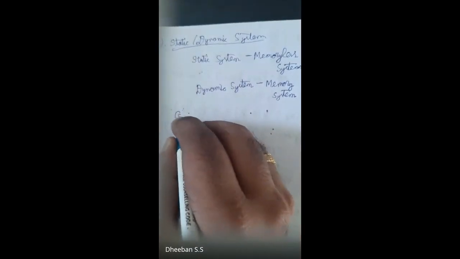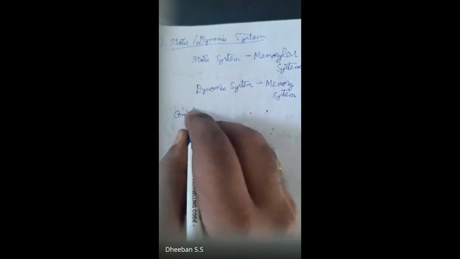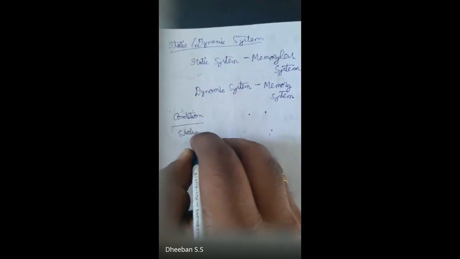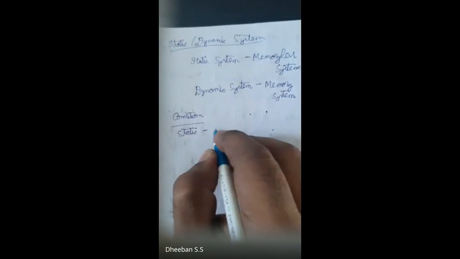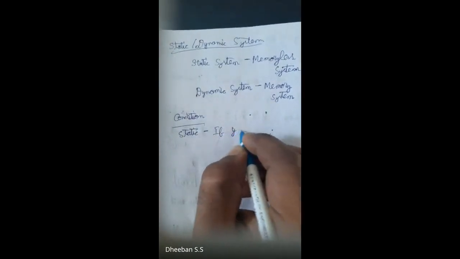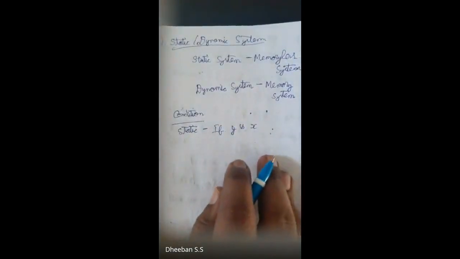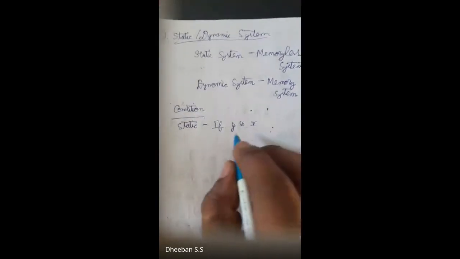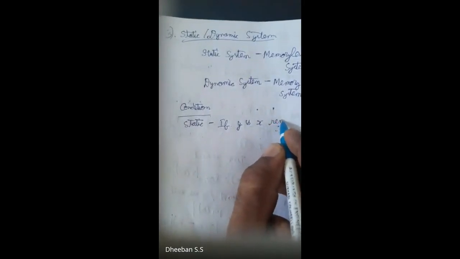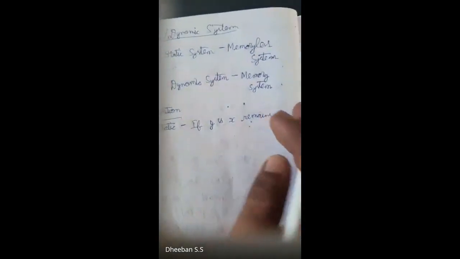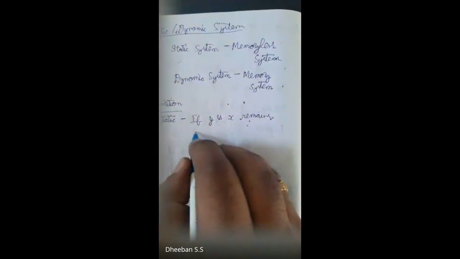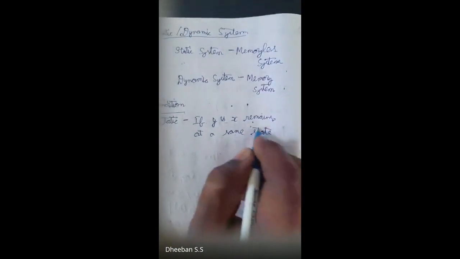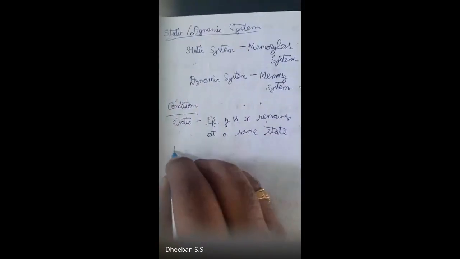The condition to be static or dynamic is: if y and x remain at the same state, it is static.